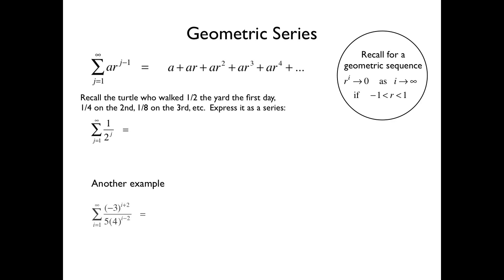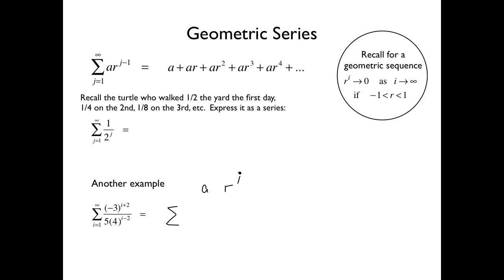All right, another example. Here we go. So this one's more complicated, and what's the goal? The goal is to get it to look like a times r to the j minus 1. This takes more use of our knowledge of exponents. I'm using i now on this one.